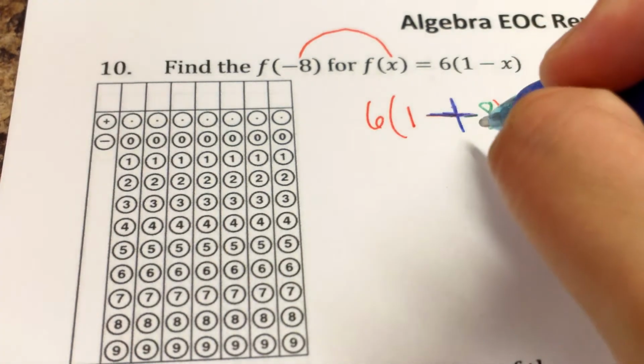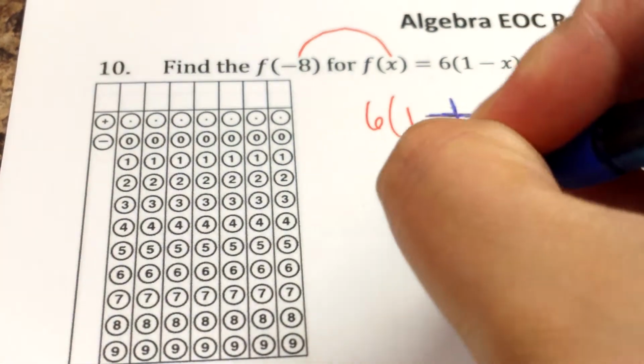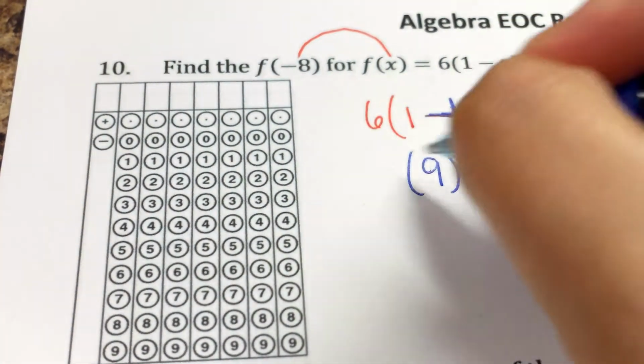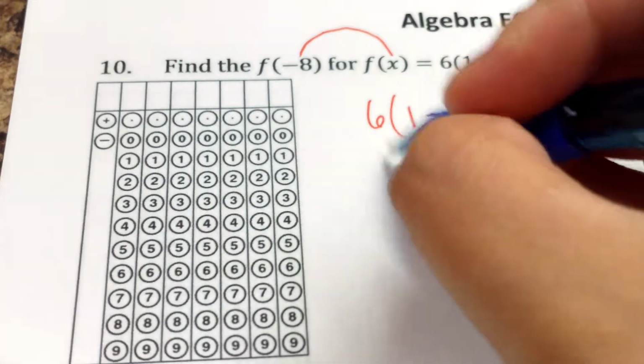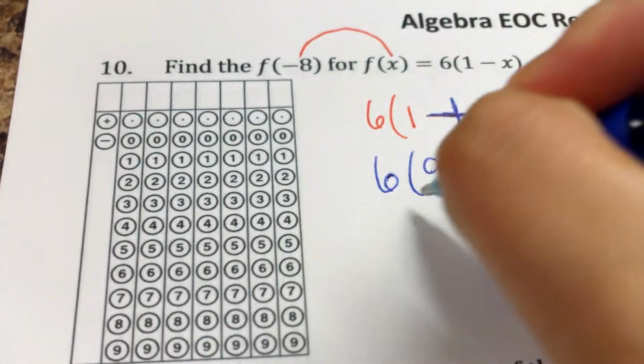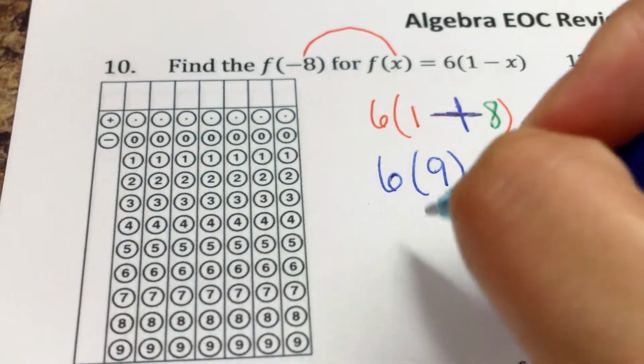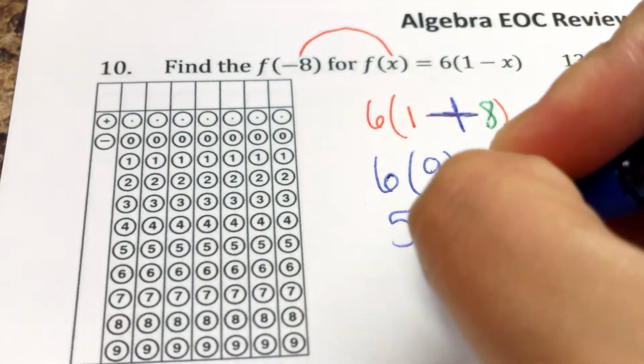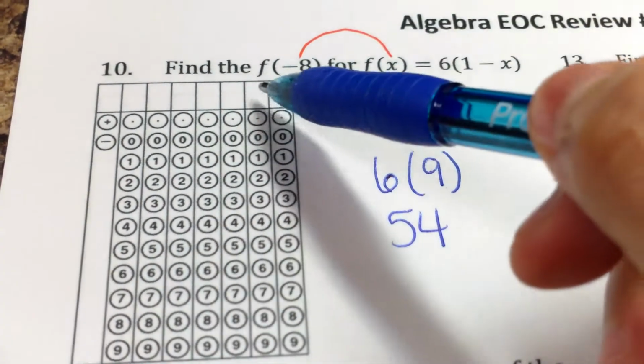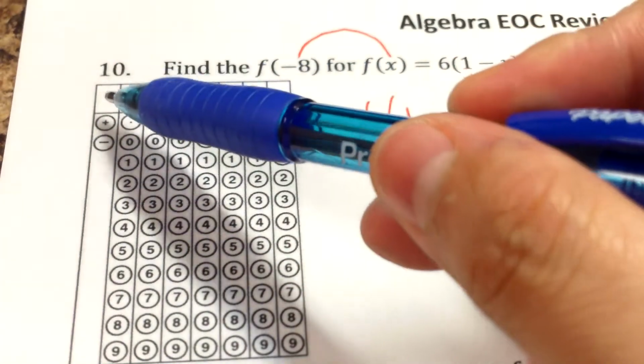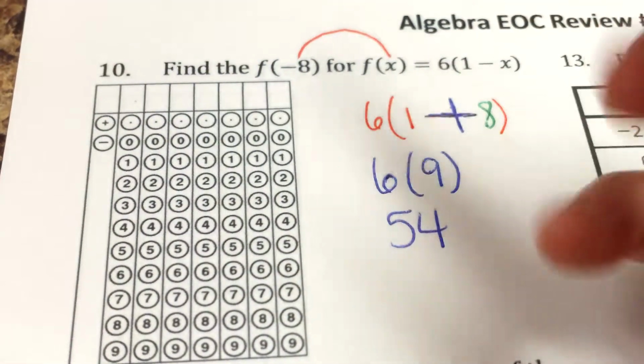We're going to do that first because it's inside the parentheses. According to PEMDAS, order of operations, parentheses first. We bring down the 6, and this means multiplication. 9 times 6 is 54. You could put 54 at the beginning, but I like to do it at the end.